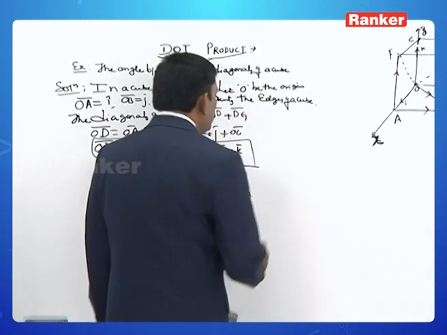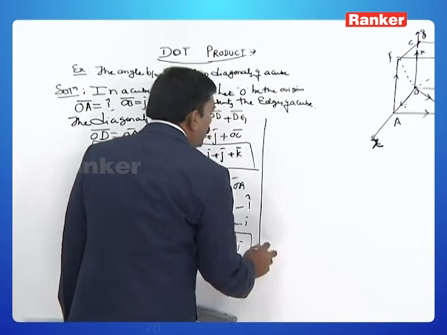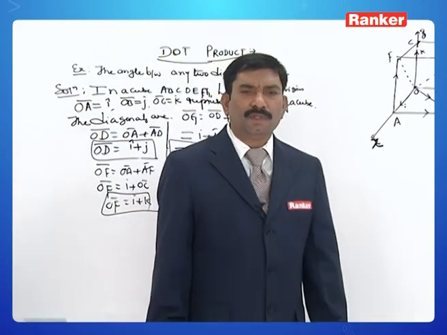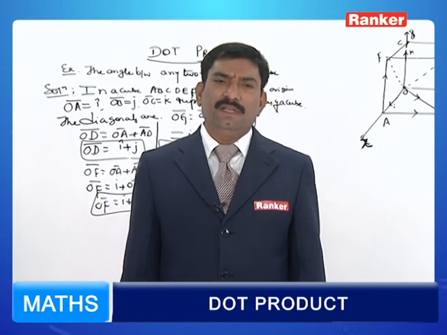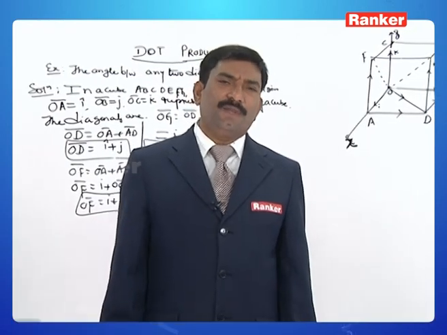Okay, now I want to find out the angle between the two diagonals of a cube.